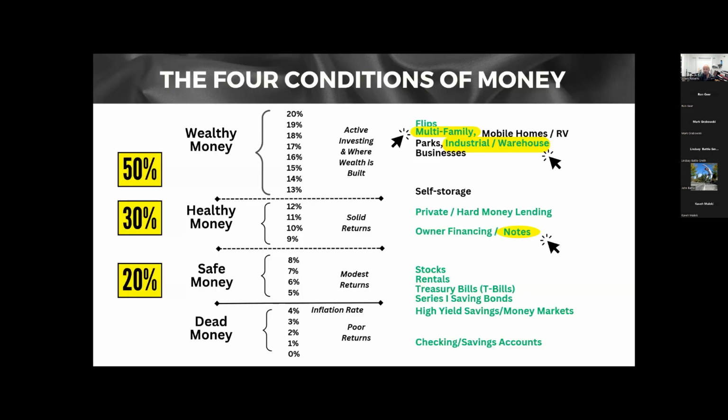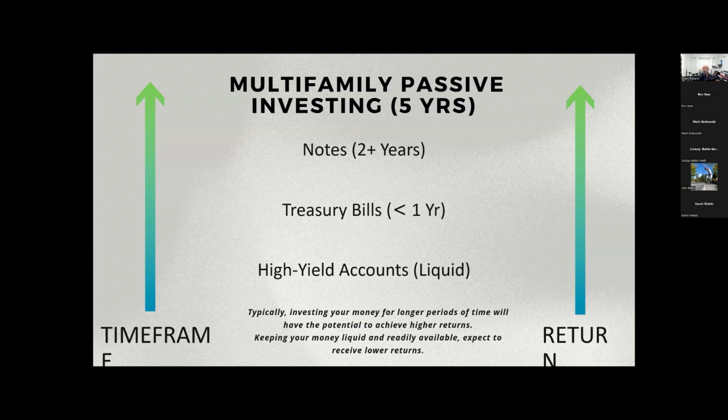I would argue that a multifamily apartment complex that returns 20% annually is a little bit more complex than a treasury bill that I just have to click a button and buy on the internet, right? It's very true. But I think we have to have a good discussion here on risk, because a savvy investor might also say, well, as you move up the chain, your risk goes up as well.